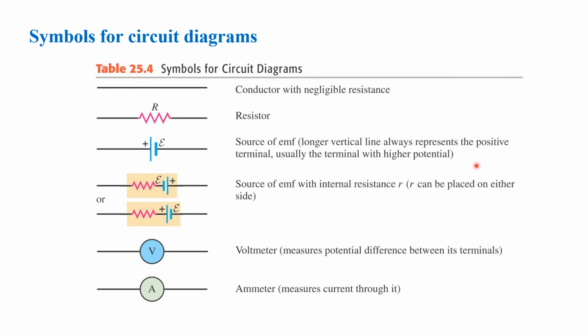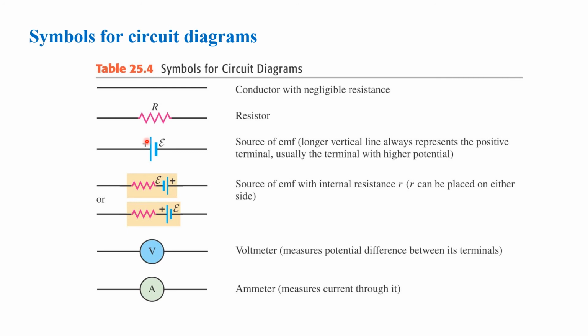These are some symbols for circuit diagrams that we will use in analyzing networks in the next lessons. You have here a straight line for a conductor with negligible resistance. This one here is used for your resistor. Two parallel lines where the other one is shorter, and you can have a plus sign on the longer line.